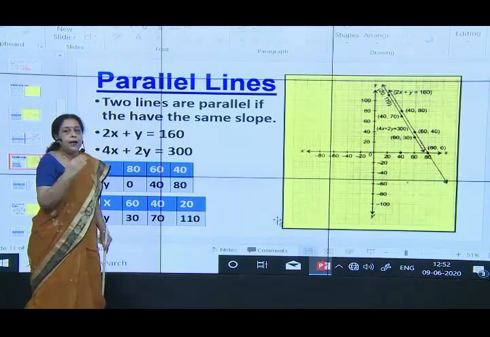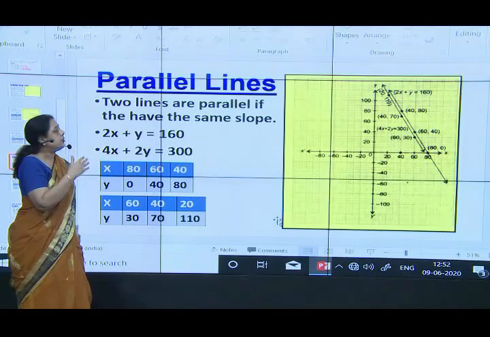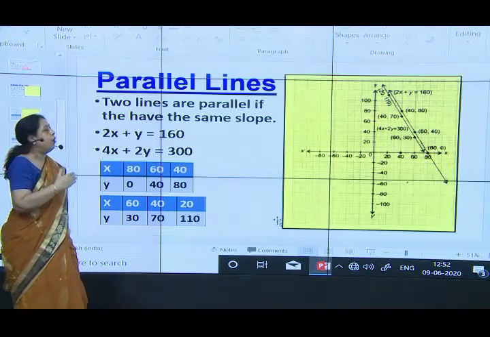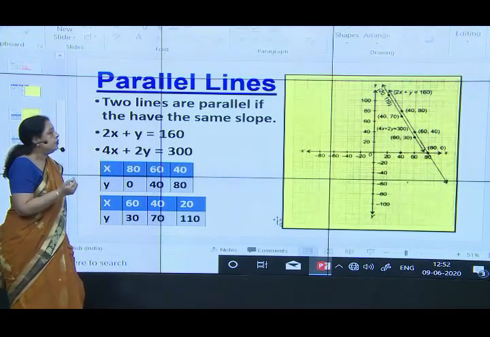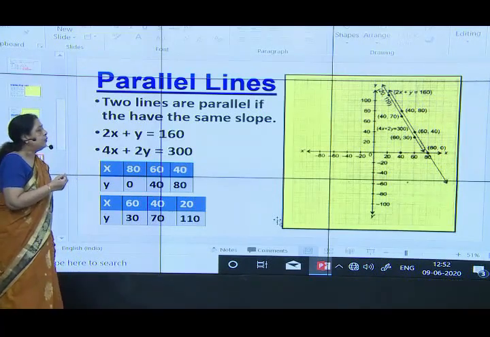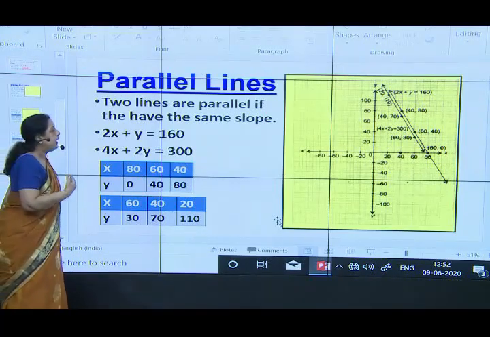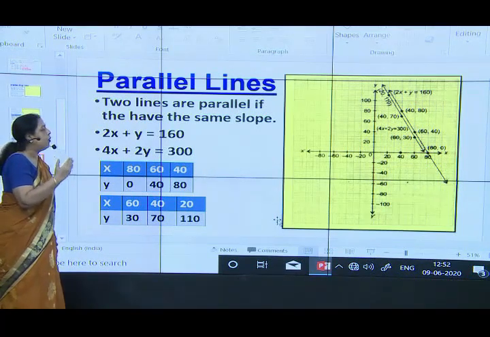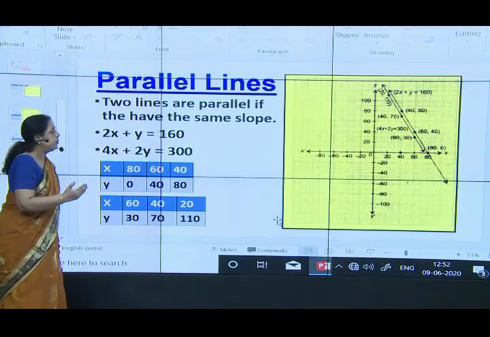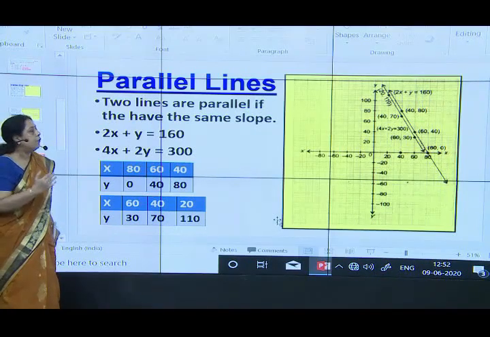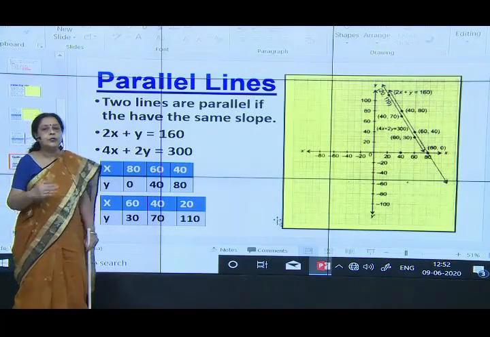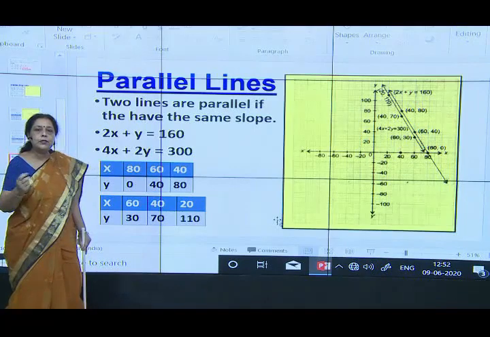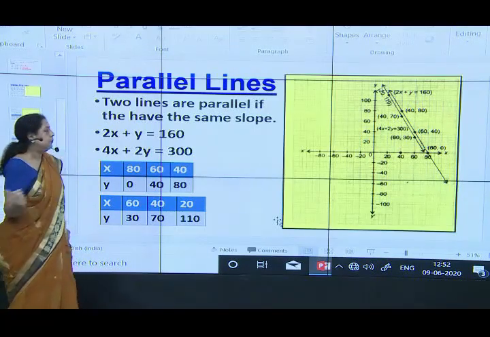In parallel lines, there is no point of intersection. So in this case, we don't have any solution of this pair of equations. So in case of parallel lines, we have no solution at all.